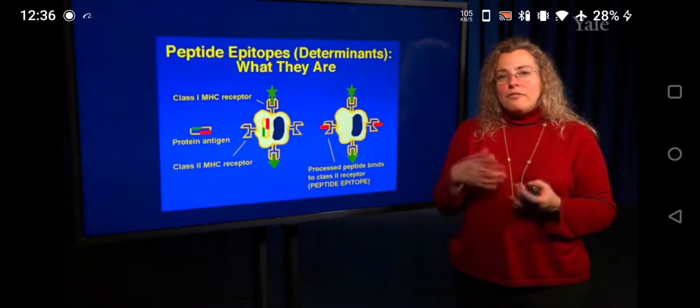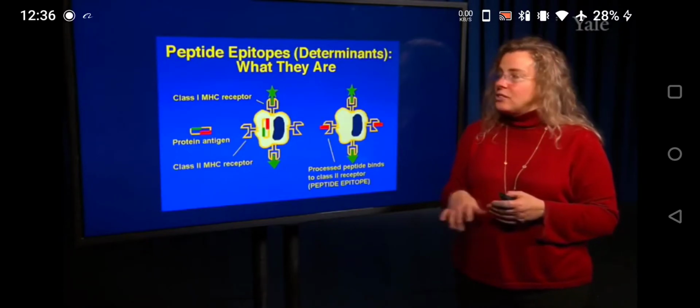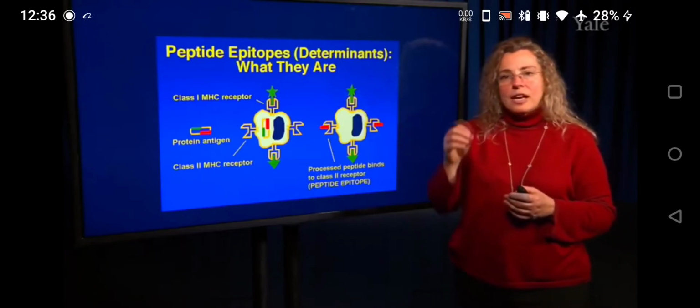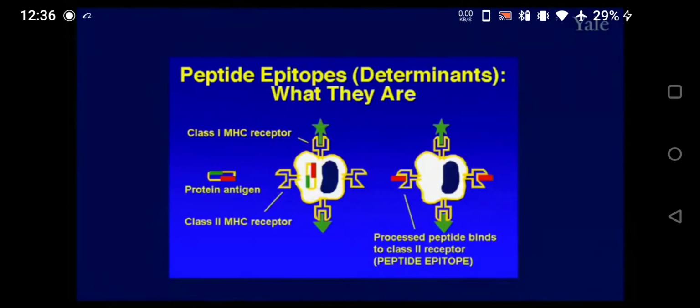Another new advance in vaccine design and development is to actually focus just on the epitopes that stimulate the immune response. And this is just a picture of that shown here. Remember, in a whole protein, only a very small piece might get presented on either class 1 or class 2.